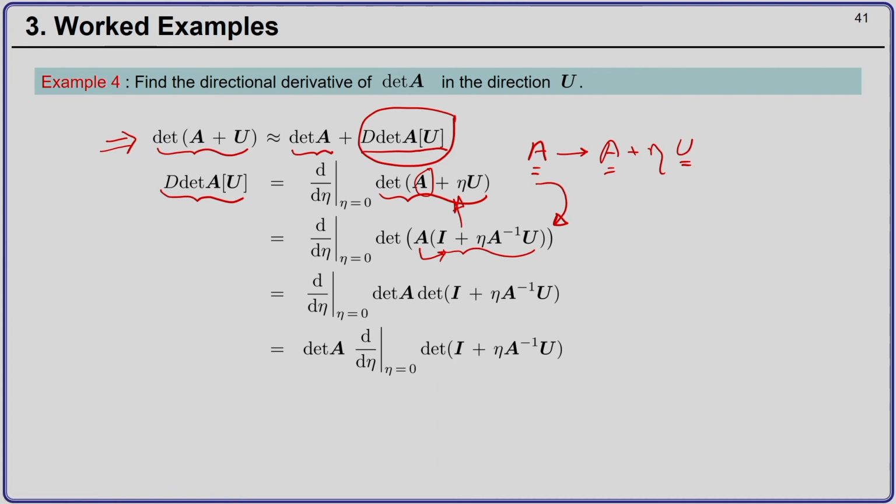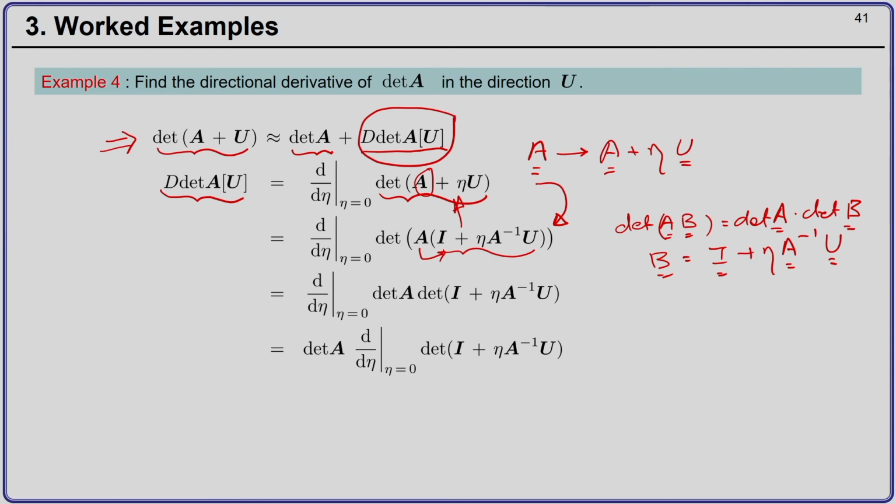Now we will invoke the property that determinant of A into B is nothing but determinant of A into determinant of B. For us, B here is I plus eta A inverse u.